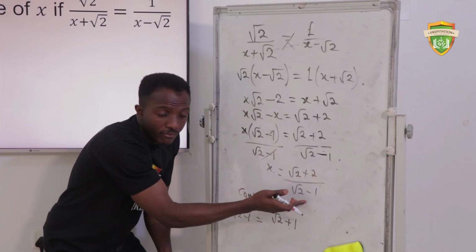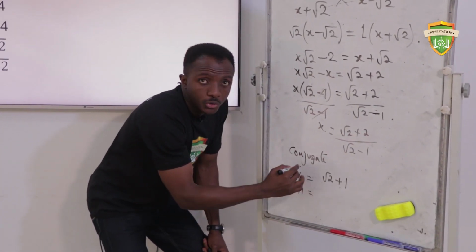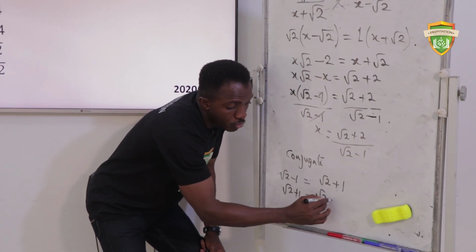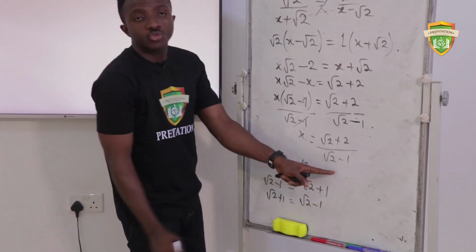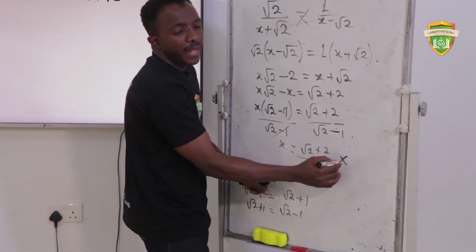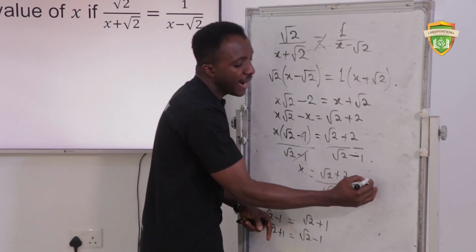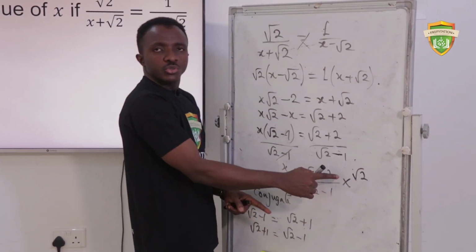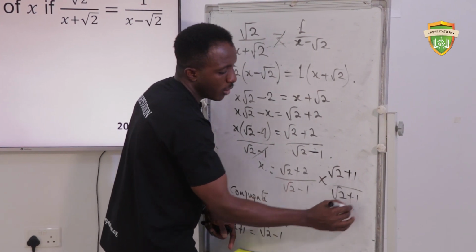If what we have here was root 2 plus 1, the conjugate would be root 2 minus 1. So because what we have here is root 2 minus 1, we'll multiply both the numerator and the denominator by the conjugate of the surd, which is root 2 plus 1.